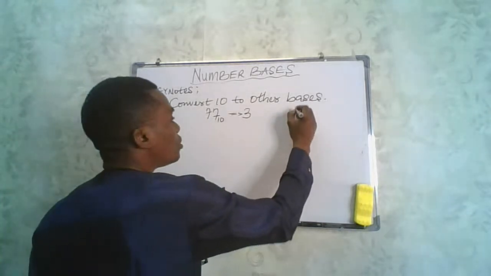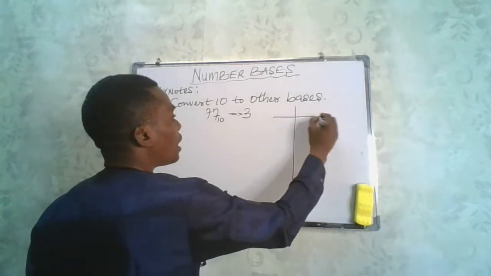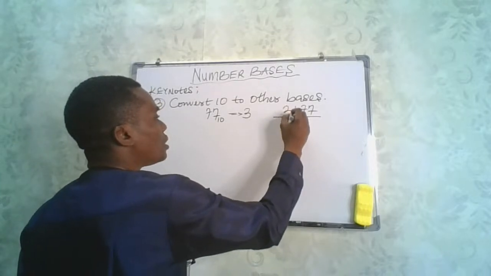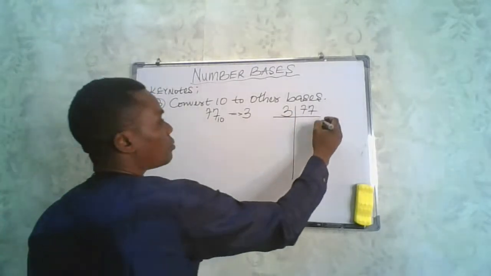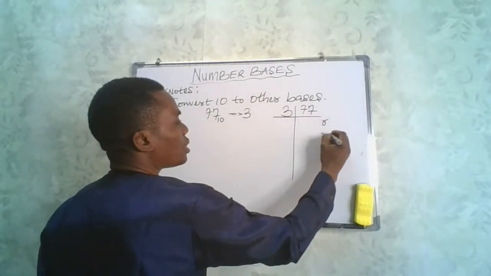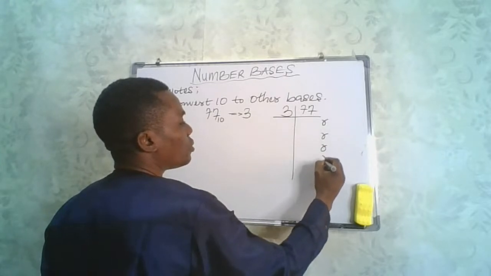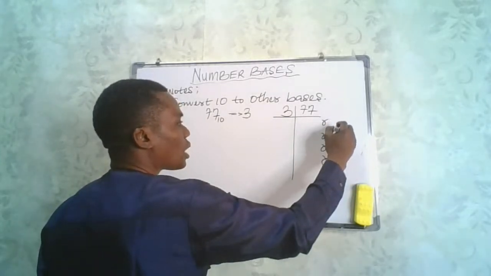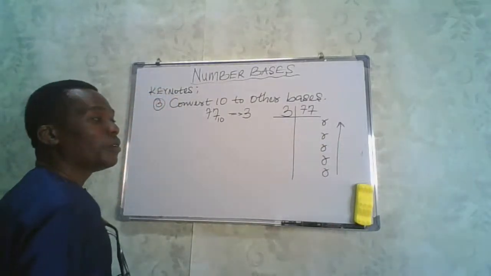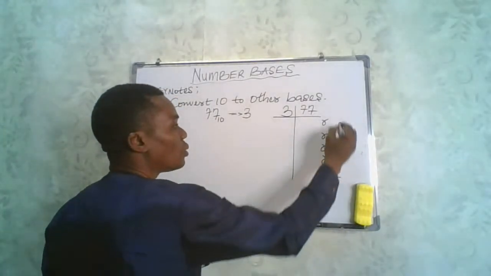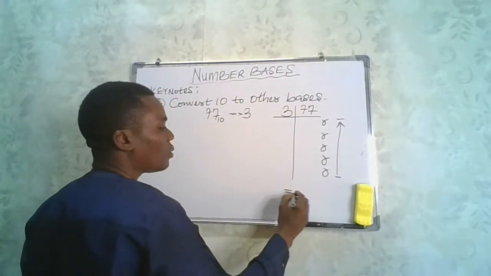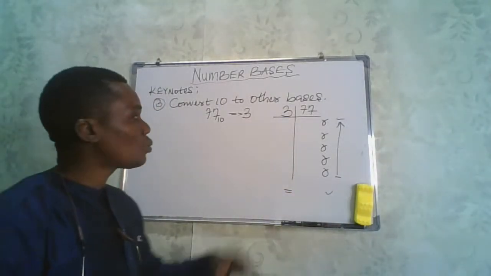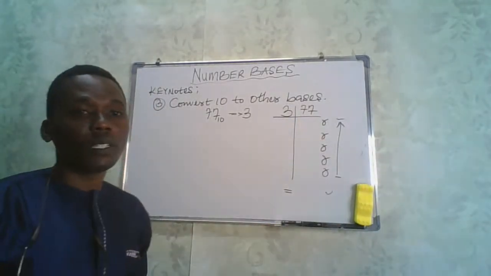All you need to do is to successively divide 77 by 3. And whatever the remainder is, we'll always note the remainder. And at the end, we'll just read the remainders from the bottom to the top, and whatever they give us is the solution to that value. And this is what we call successive division.